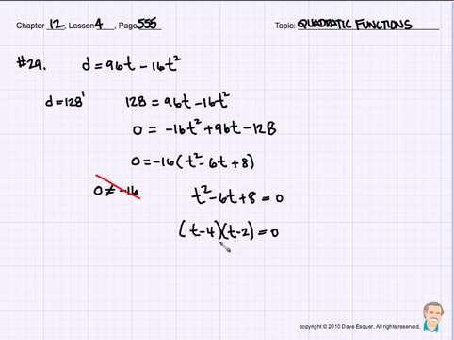Minus 4 and minus 2 will give me the positive 8, and when I add them together, minus 4t and minus 2t, I get minus 6t. My zero product property tells me that I set those factors to 0. That tells me that t minus 4 must be 0, and t minus 2 must be 0. If I solve for t, it turns out to be 4 seconds and 2 seconds. And so there are two answers.